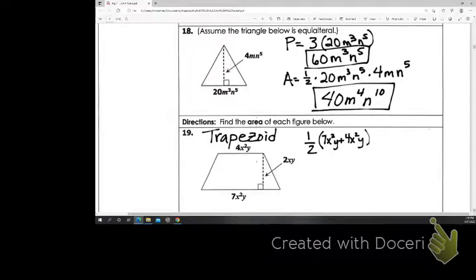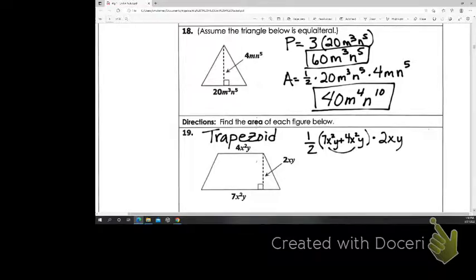So this times the dotted line, because that's the height. So it's like half of base 1 plus base 2 times the height. By the way, the half, you could just do everything and then divide by 2 at the end.